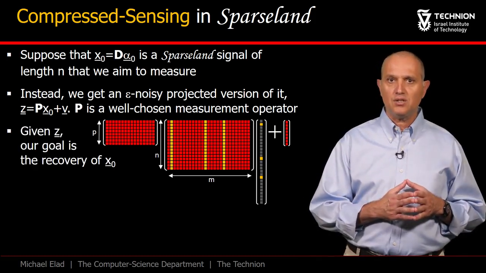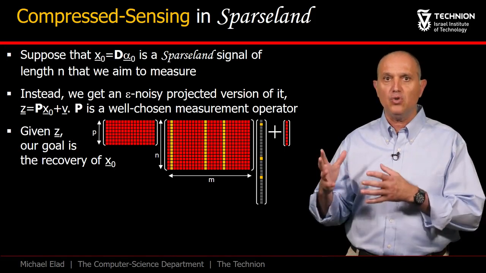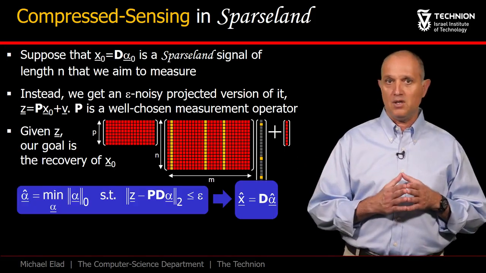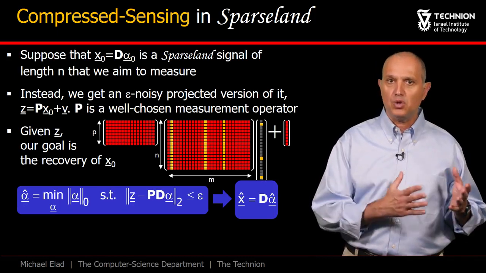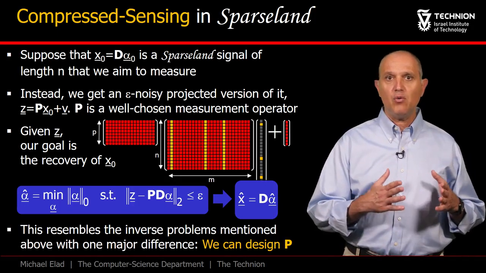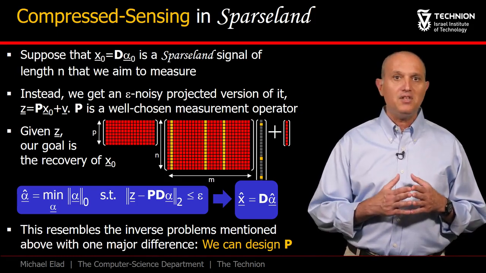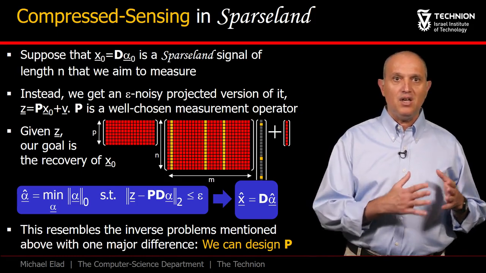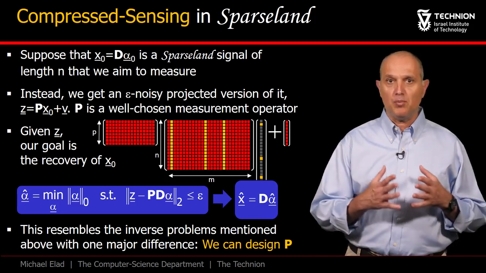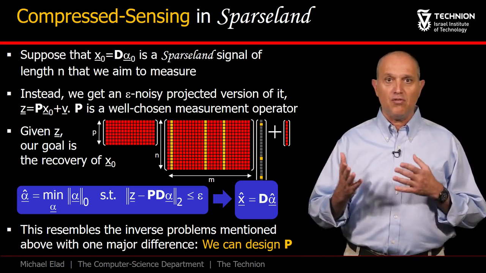Compressed sensing asks whether we could effectively recover x0 from the projected noisy measurements z. The answer is positive, relying on the solution of the P0 epsilon all over again. Observe how close this application is to the inverse problem setting. The only difference is in the fact that here we have control over the projection operator P, something that could help increasing our chances of a good recovery.